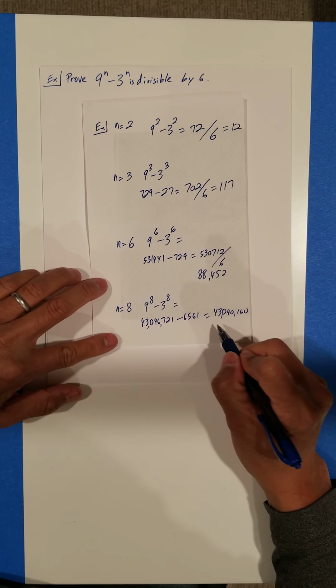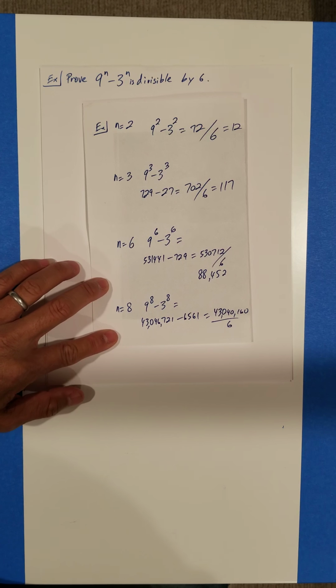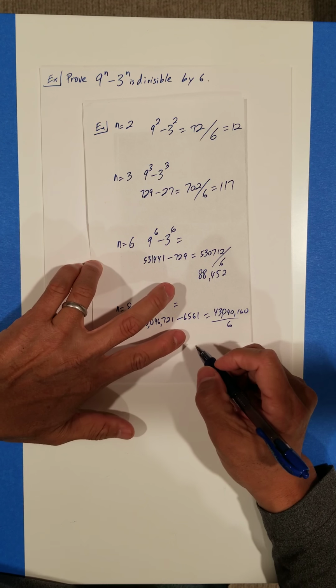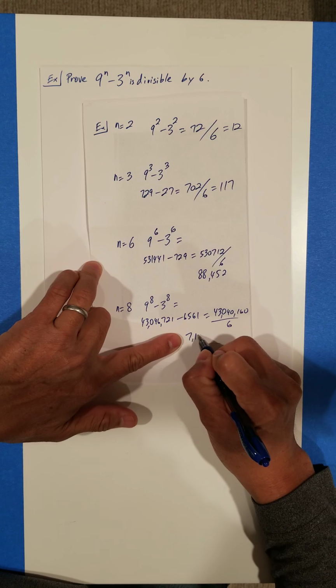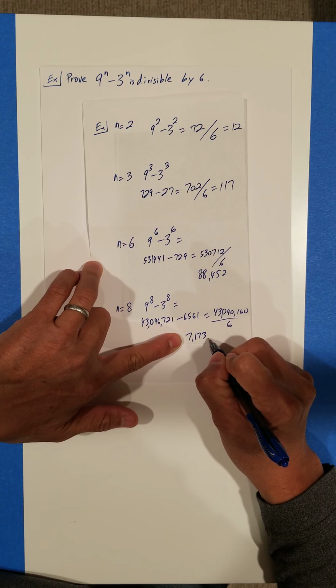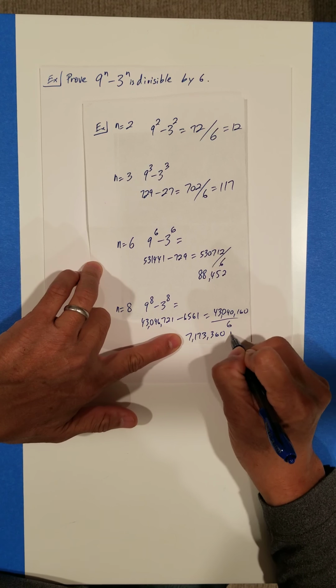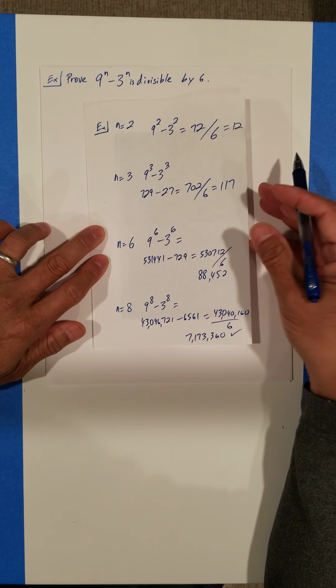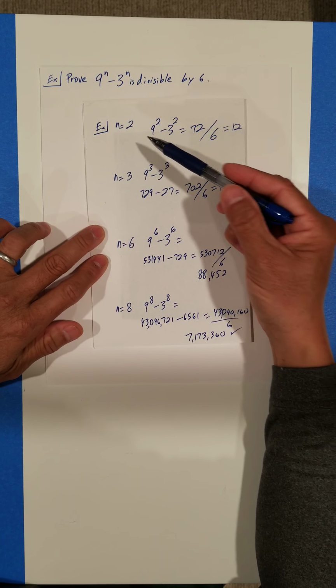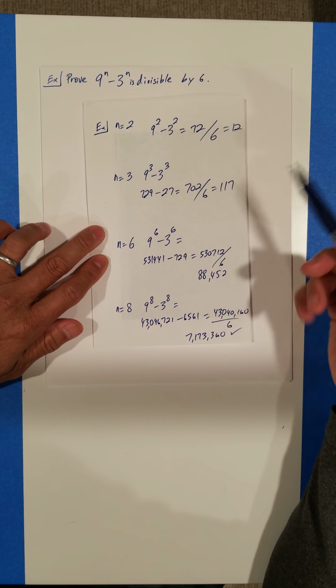And the question is, can we divide this by 6? When we do, we get a beautiful number, 7,173,360. It comes out perfect again. So this statement works when n equals 2, 3, 6, 8.